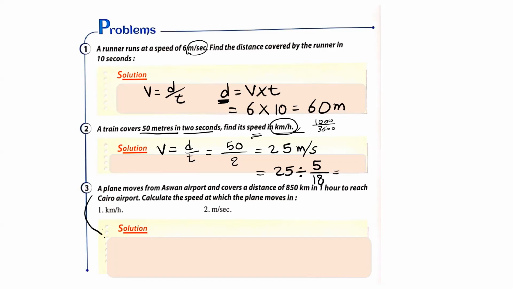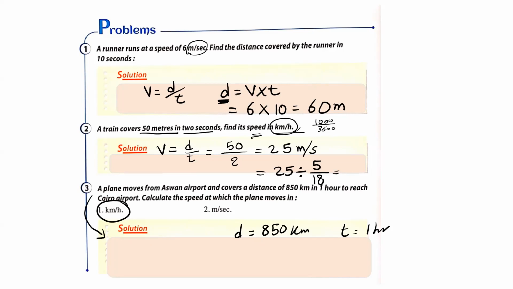Okay, let's make this one. A plane moves from Aswan airport and covers a distance of 850 kilometers in time 1 hour to reach the Cairo airport. Calculate the speed at which the plane moves, first in kilometer per hour.